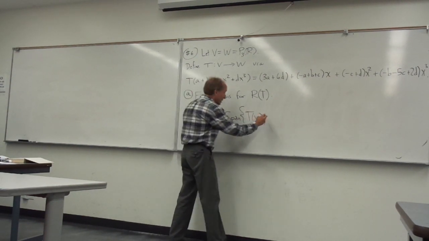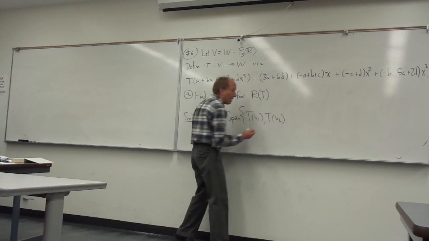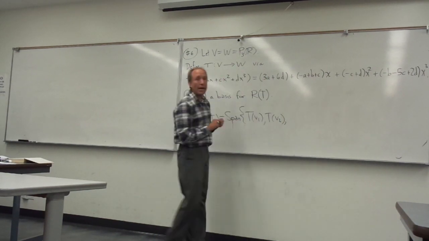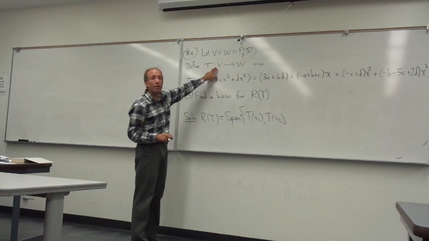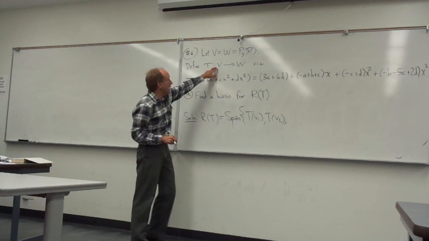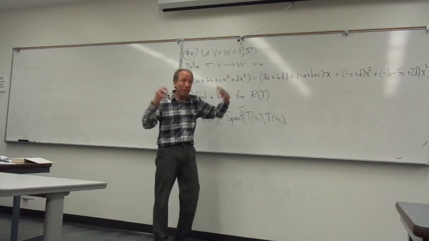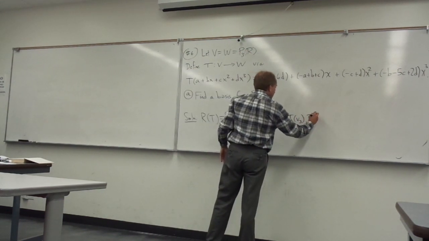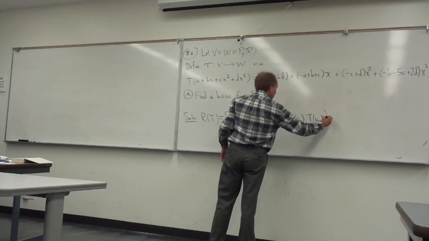Exactly right. We're just going to take the span of the transformation of, how many vectors will I have for the basis for V? 4. Right, P3 of R is 4-dimensional. So I'm going to write this as T of v1, T of v2, T of v3, T of v4.